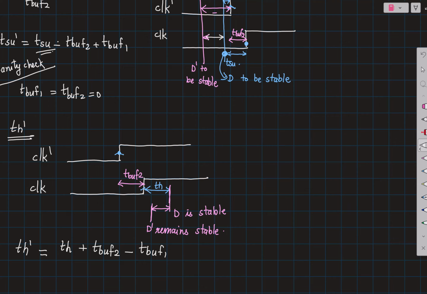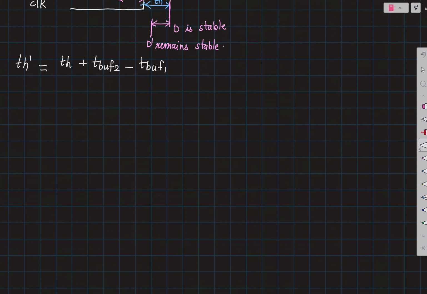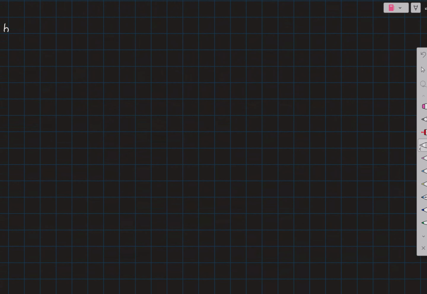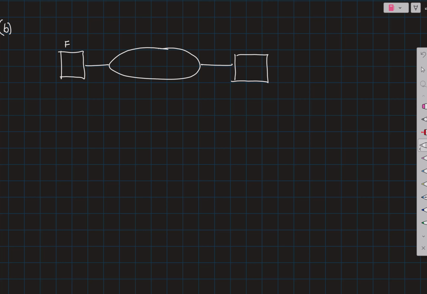Okay. So then we move on to the second part of the question, where you are given that you have this big combinational circuit and this is between two flops. We called it some FF1 and FF2. Now we are not concerned with these flops.